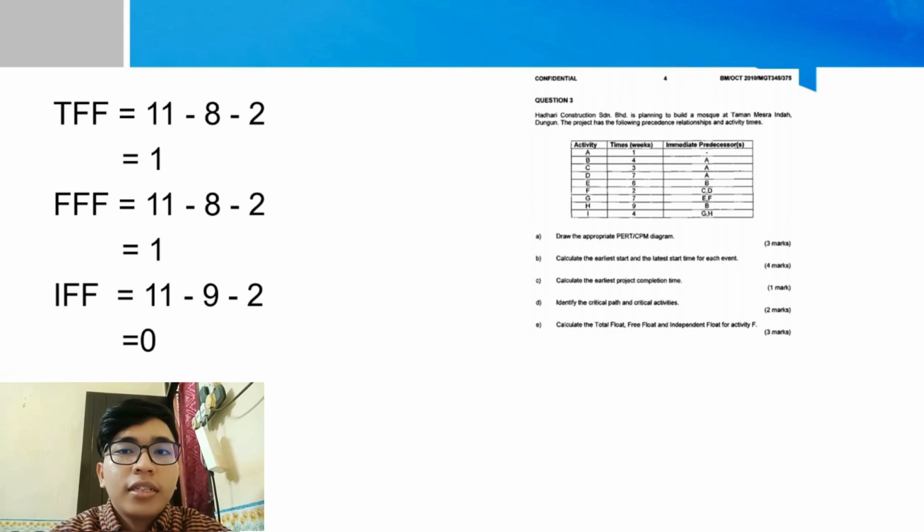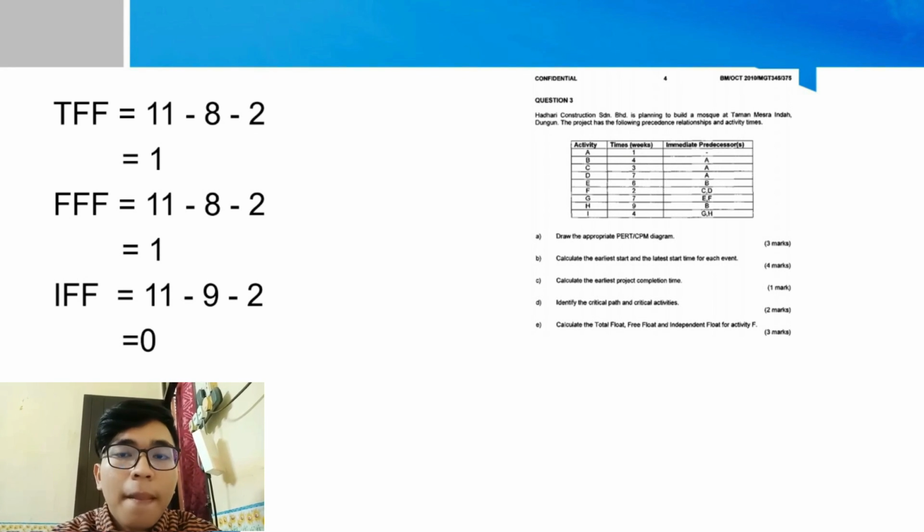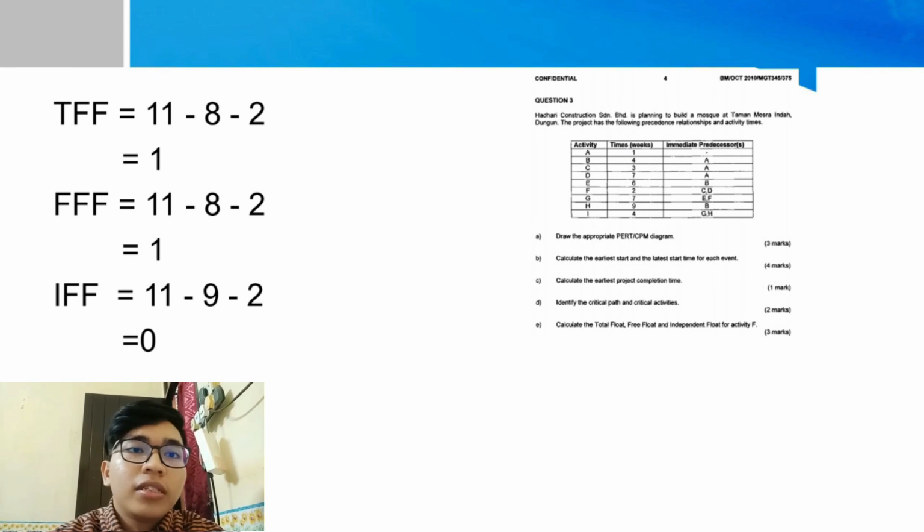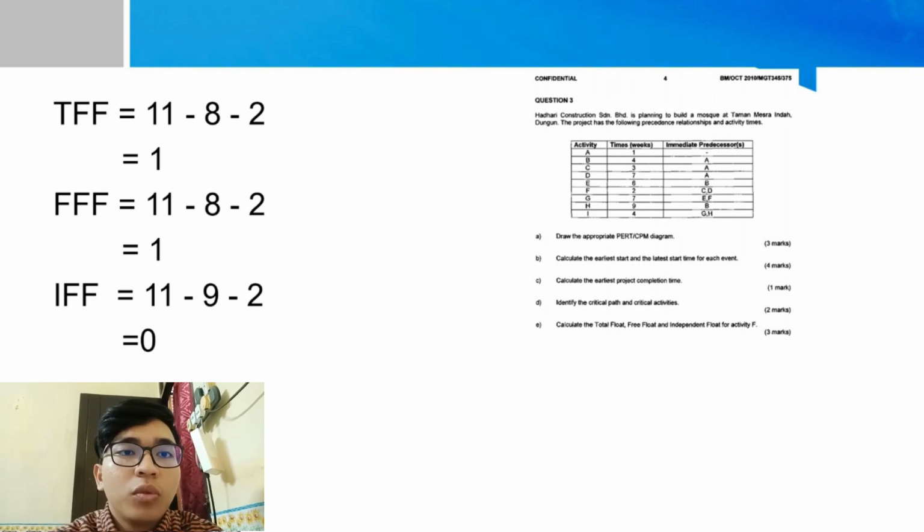So next is free float. First thing first, we need to find the EET and then minus the previous EET and minus the duration time. So EET, which is 11, minus previous EET, which is 8, and then minus 2, which is the duration time, is equal to 1, which is 1 week.